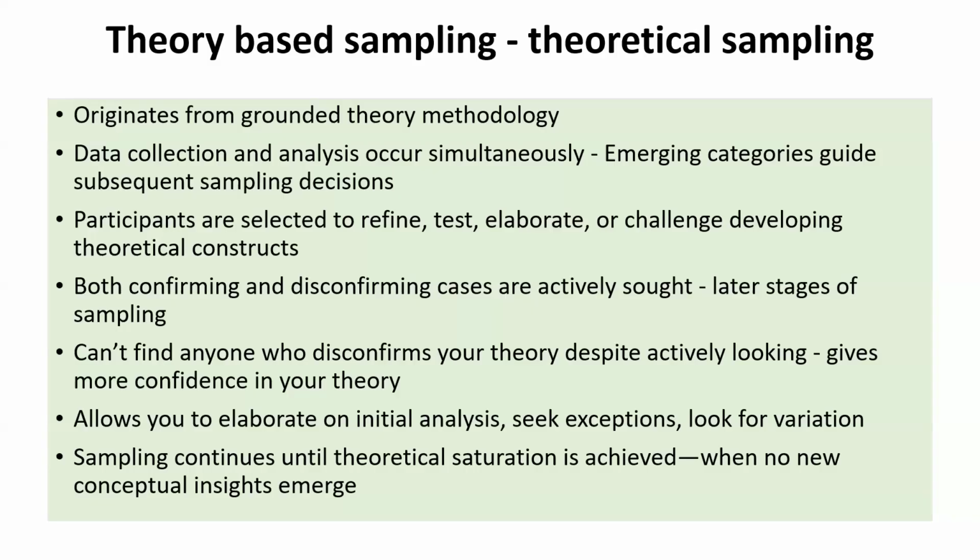There are no new themes. There are no new relationships between the themes and the categories I see. It means that I have reached theoretical saturation, and this is a time to stop sampling or recruiting more people.